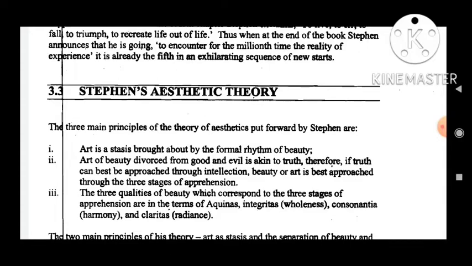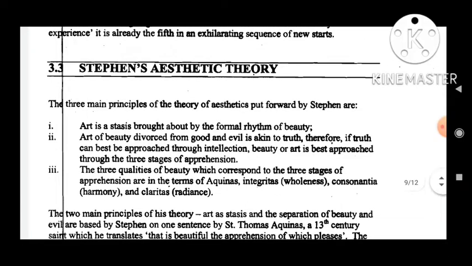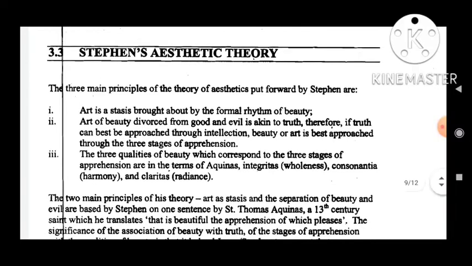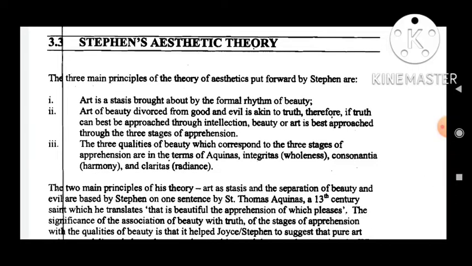Art of beauty diverged from good and evil is akin to truth. Therefore, if truth can best be approached through intellection, beauty or art is best approached through the three stages of apprehension.